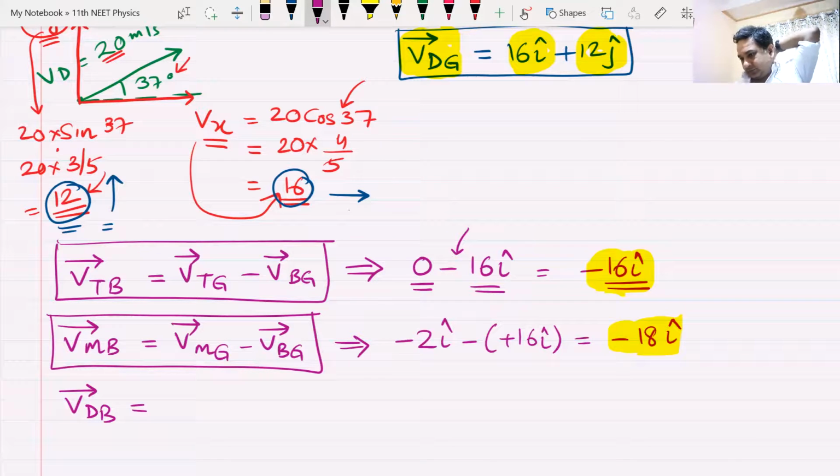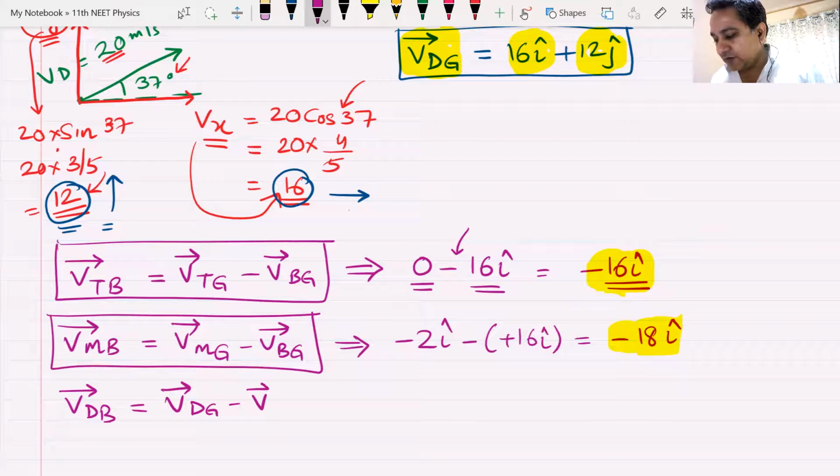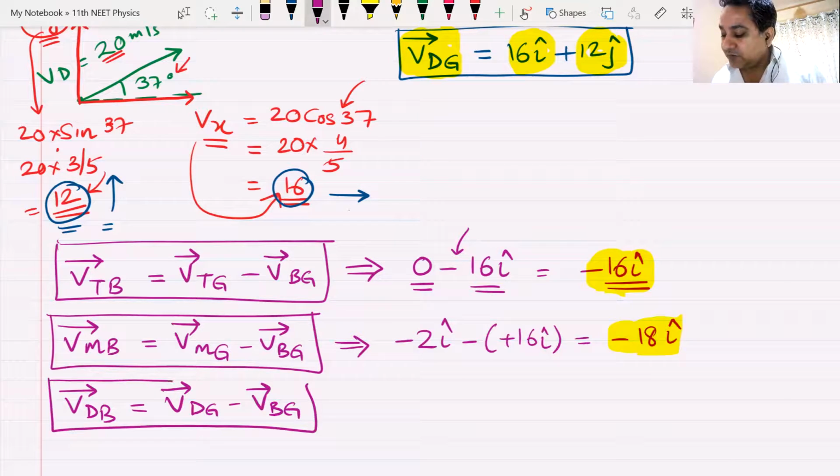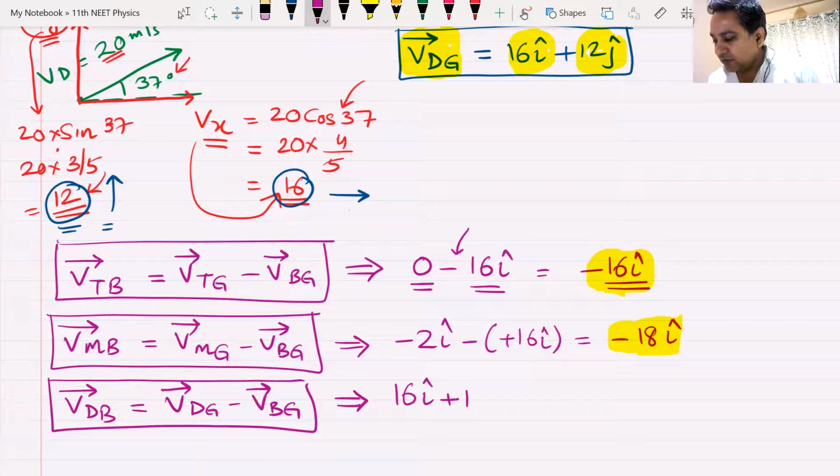So it's velocity of bird with respect to ground minus velocity of boy with respect to ground. Can I have the values? So it's 69 plus 12j minus plus 16i.